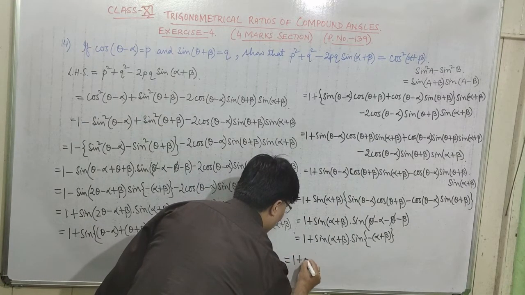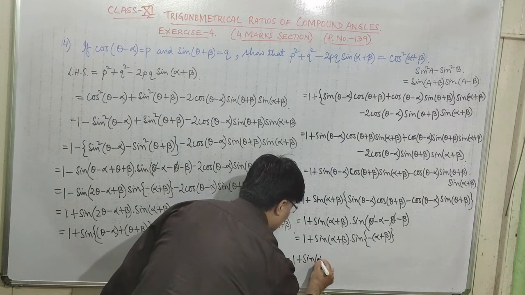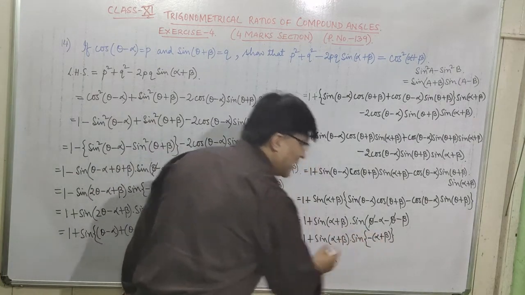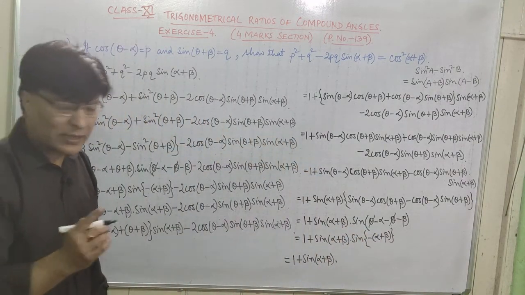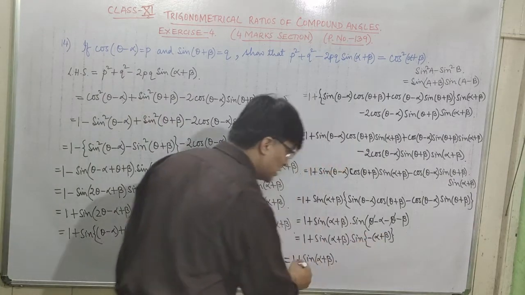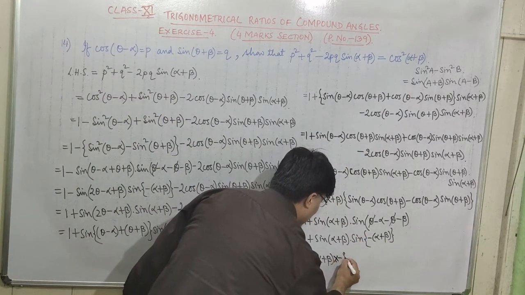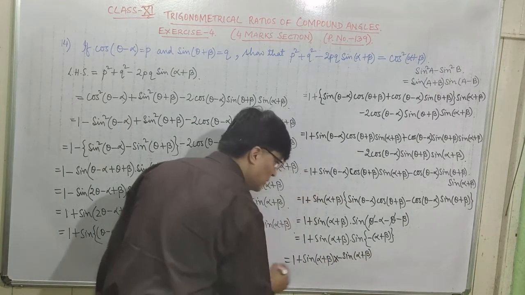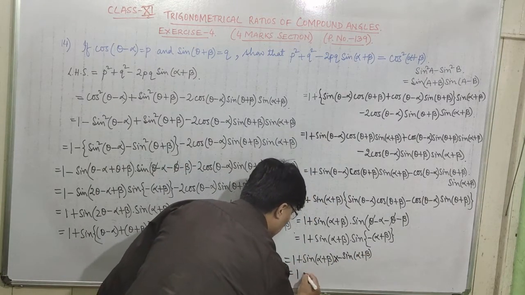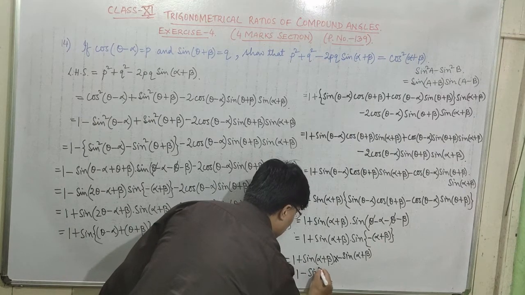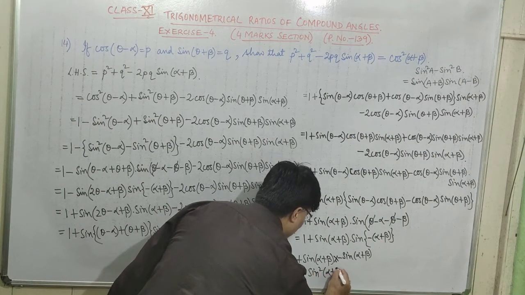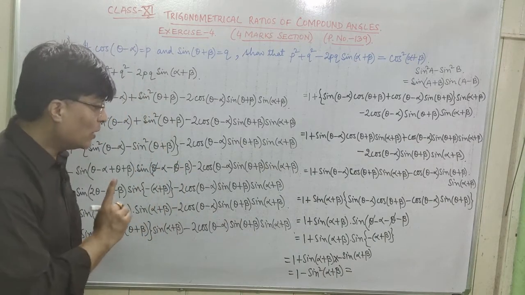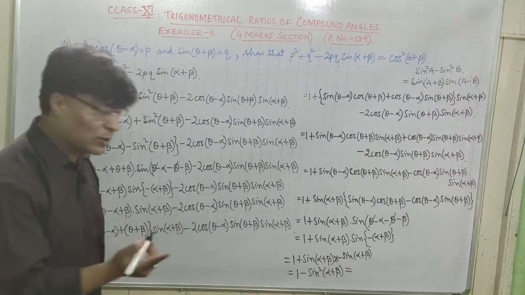So which is equal to 1 plus sine of alpha plus beta into, what is sine of minus theta? That is your minus sine theta. Clear? So which is equal to 1 plus, minus into minus is plus, sine into sine is sine squared of alpha plus beta, which is equal to, what is the formula now? What is 1 minus sine square theta? It is cos square theta.